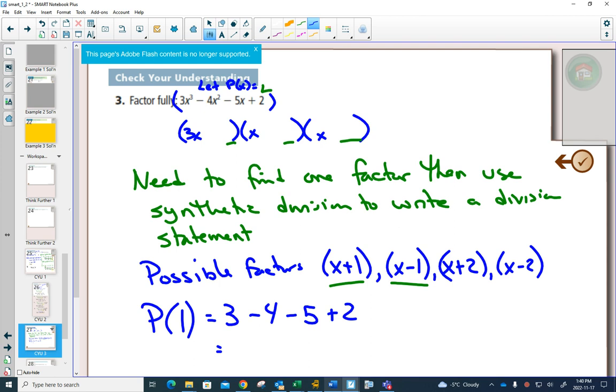What does that equal? Negative 4. That tells us that one is not a factor. If I plug in 1, is that checking the x minus 1 or the x plus 1? It's checking the minus 1. X minus 1 is not a factor.